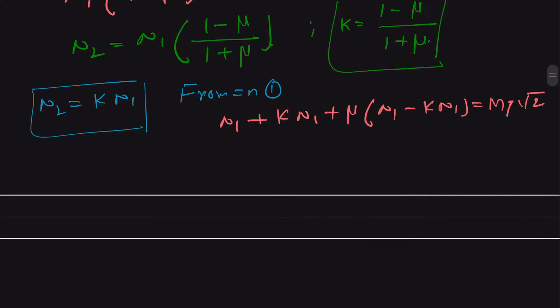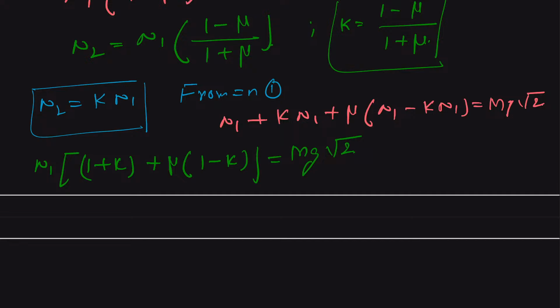Now we can take N1 common throughout, and we are left with N1 times (1 plus k) plus mu times (1 minus k) is equal to mg square root of 2.